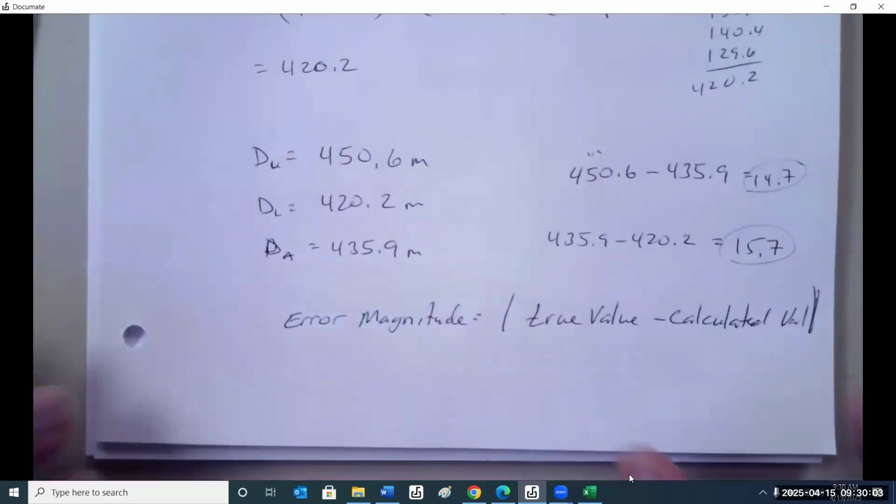So now let's take another example of the rock going straight up.